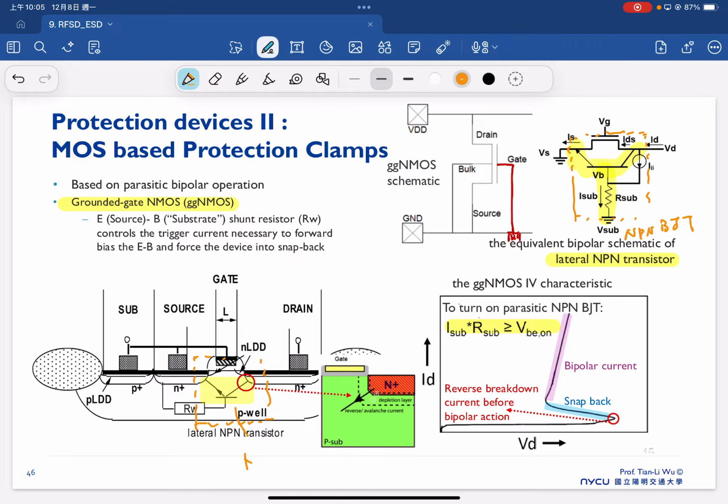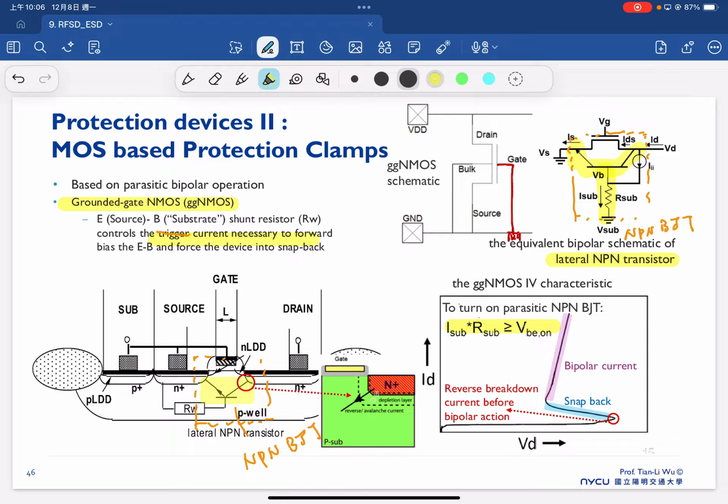So once we have this NPN BJT, we just want to make sure that the EB shunt resistance controls the trigger current, so we can revise our substrate current. We can try different doping, different processes to change the substrate current, which can produce a different trigger current.